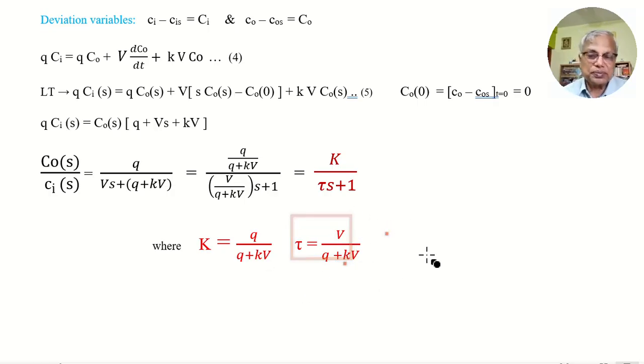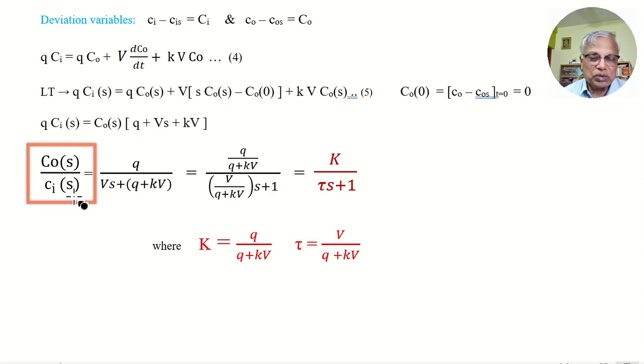If you substitute the dimensions of Q, the volumetric flow rate, and Kv, you will find the time constant has dimensions of time, maybe second or hour or minute. And if you substitute the dimensions in Q by Q plus Kv, you will find that it does not have any dimension. Gain K is dimensionless because it relates the same variable, outlet concentration divided by inlet concentration.